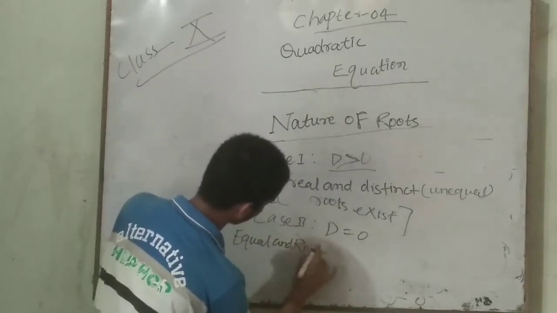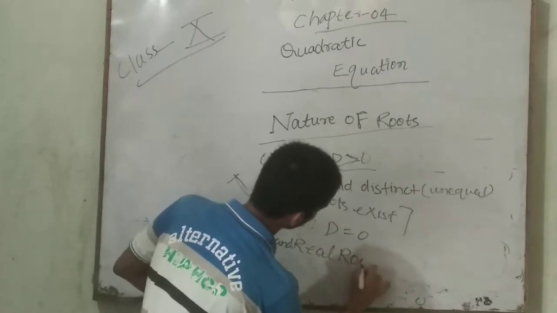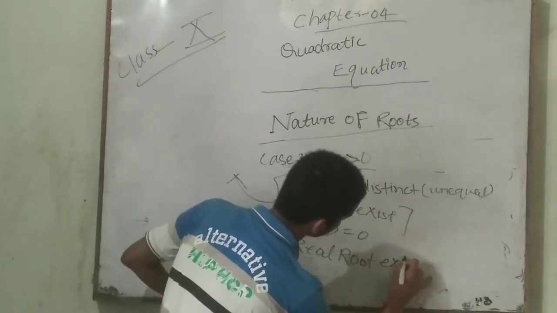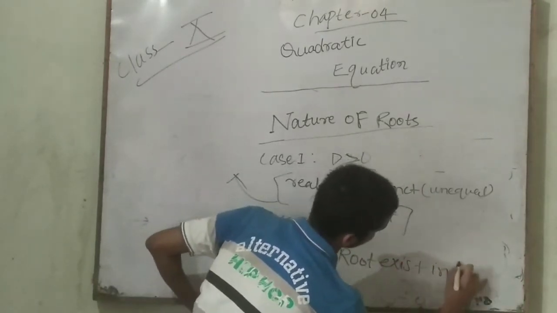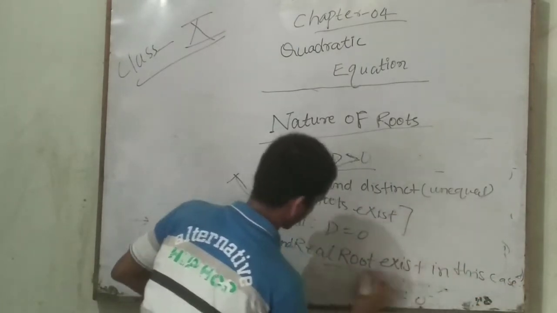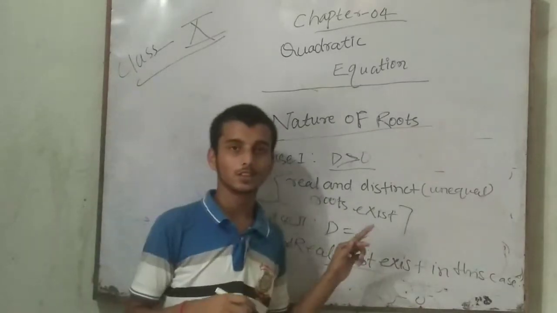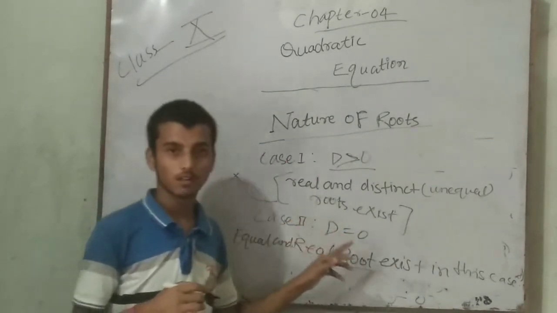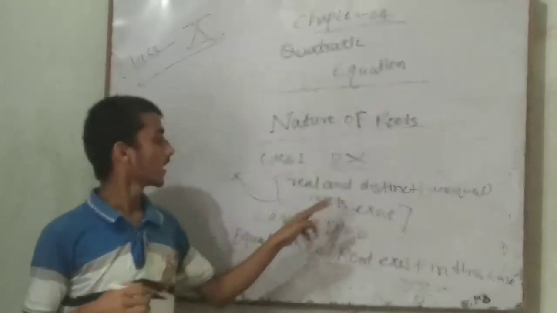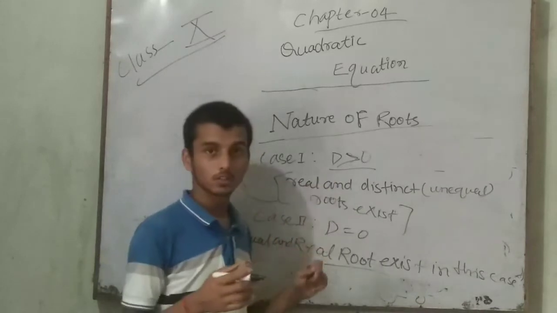Means equal and real roots exist if the discriminant equals 0, and real and distinct, meaning unequal, roots exist if D is greater than 0.